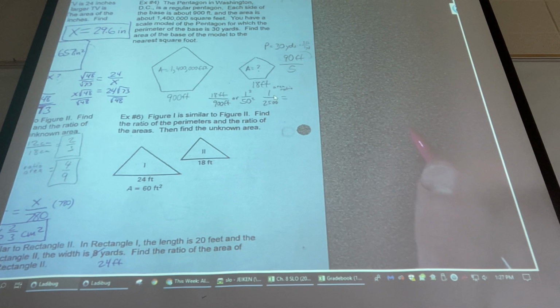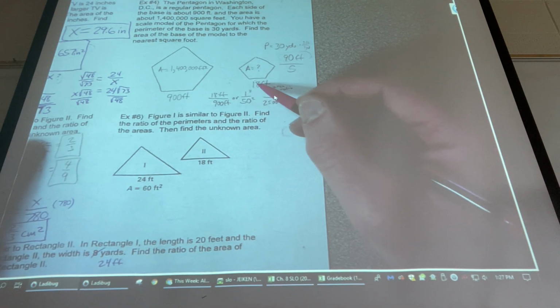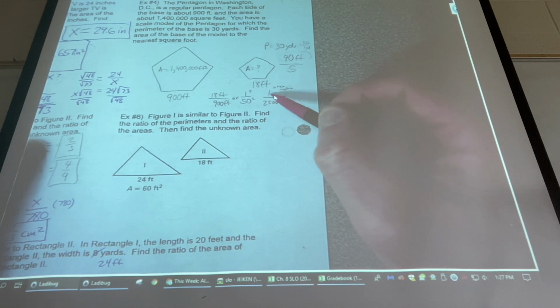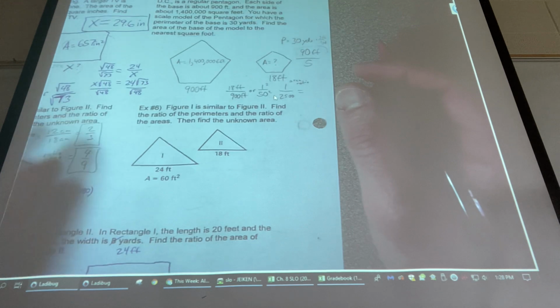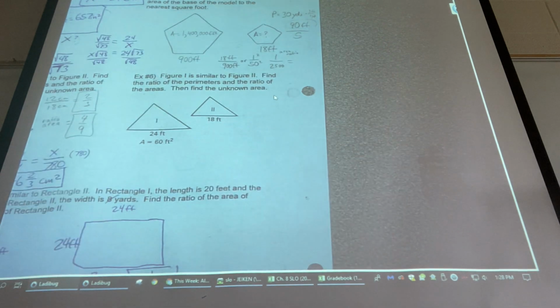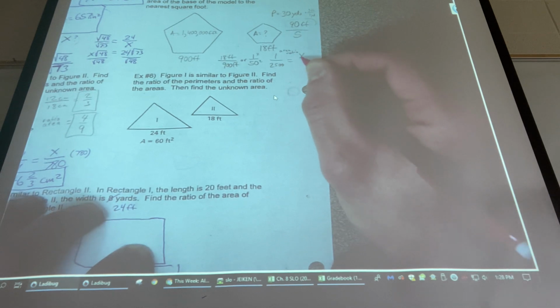Since we did 18 over 900, reduced it, squared it, we got 1 over 2,500. How am I gonna write the other side of this proportion? X over 1,400,000.